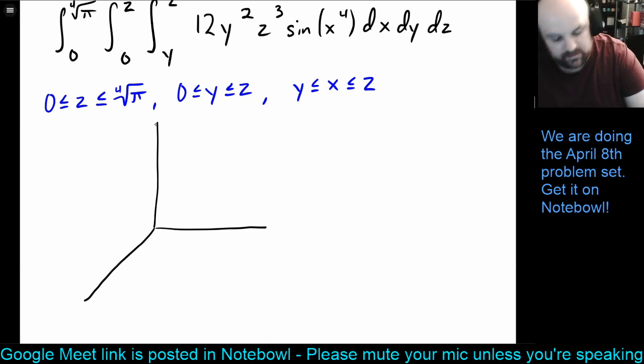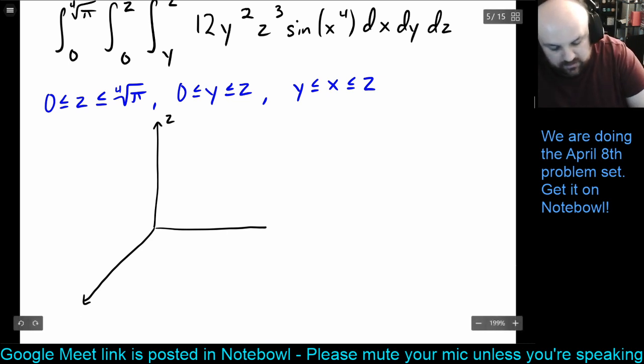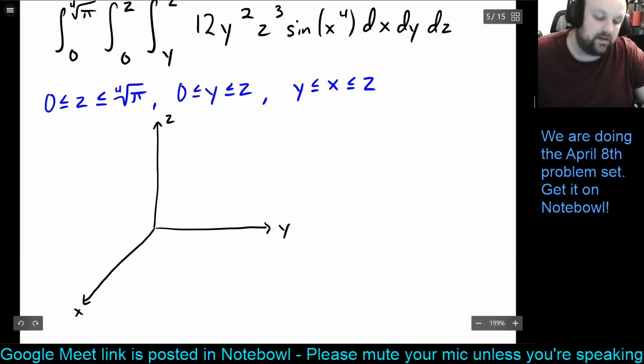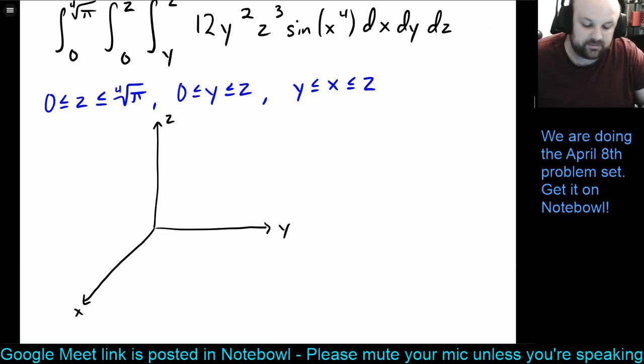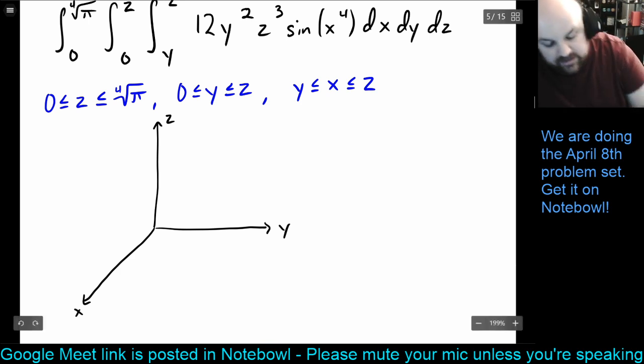All right. So z, x, y. Let's look at the lines x equals z and x equals y. The line x equals y is going to be coming out like this.